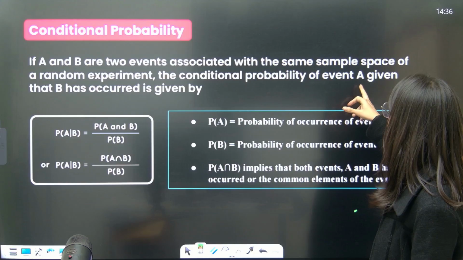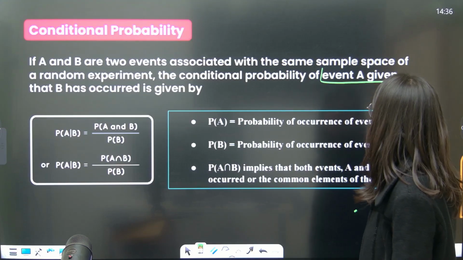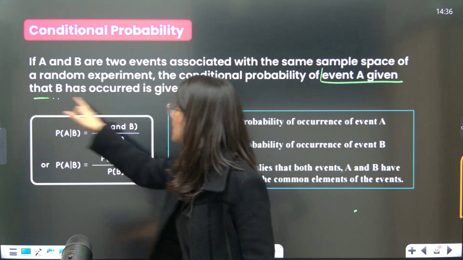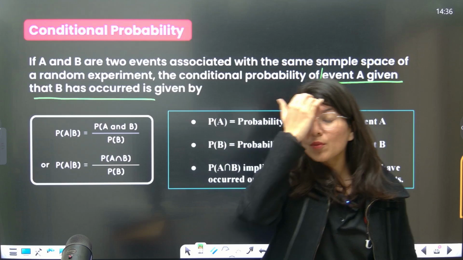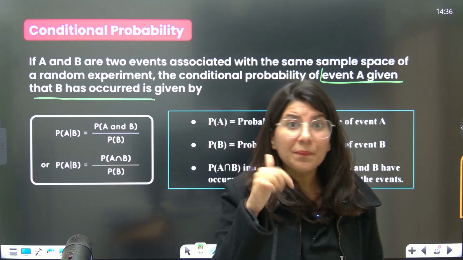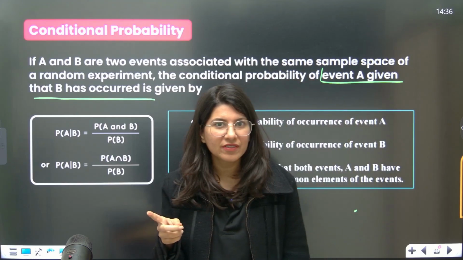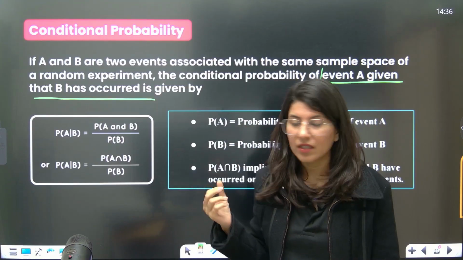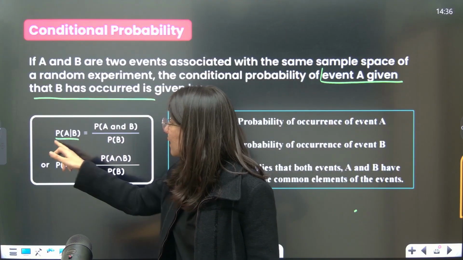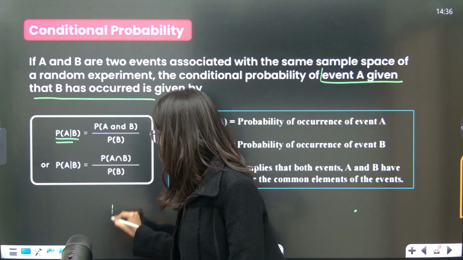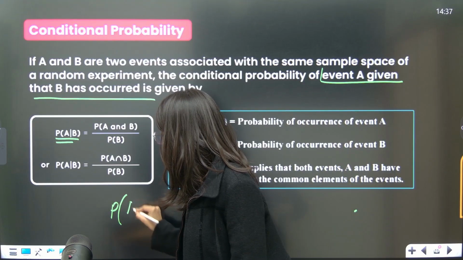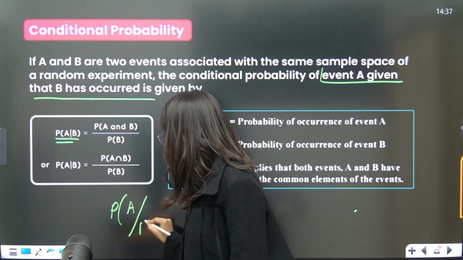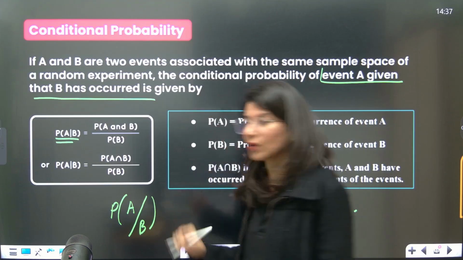The conditional probability of event A given that B has already occurred is written in mathematical form as probability of A given B. This is how you write.